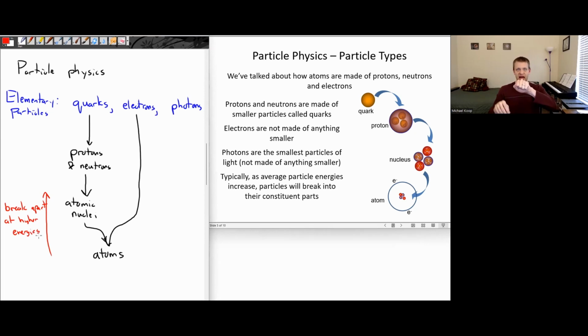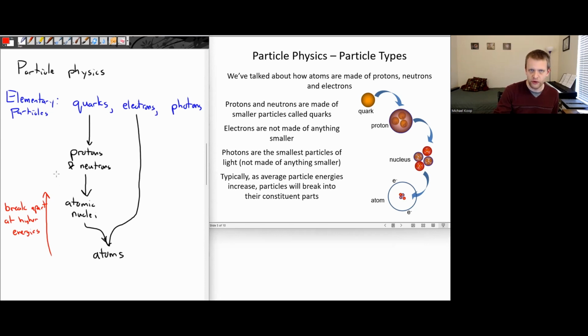If I have an atomic nucleus with a bunch of electrons going around it, as I increase the energy, those electrons eventually get ripped away, and I'm left with free electrons and atomic nuclei.